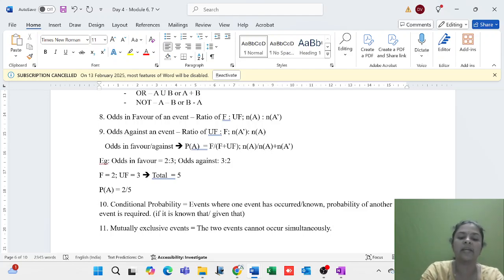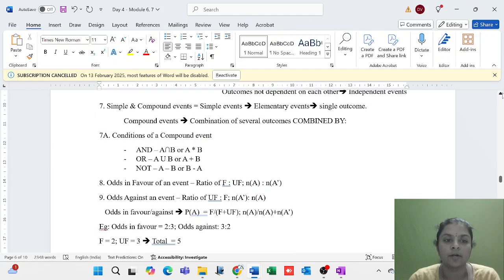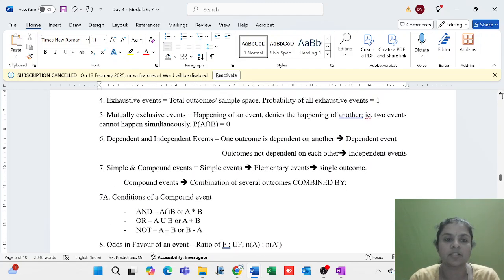So for mutually exclusive events, the probability of A intersection B will always be 0. Is that clear? So these are the basic points that you will remember under probability. Take 2 minutes to quickly go through.